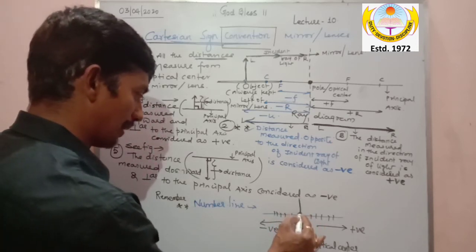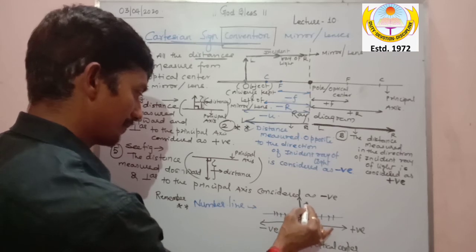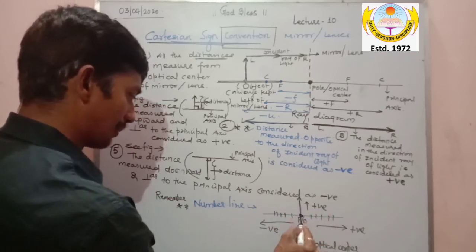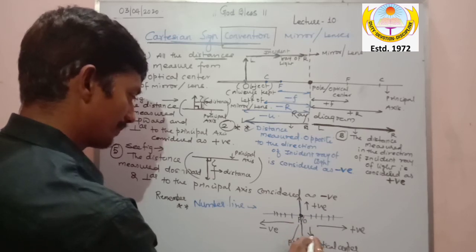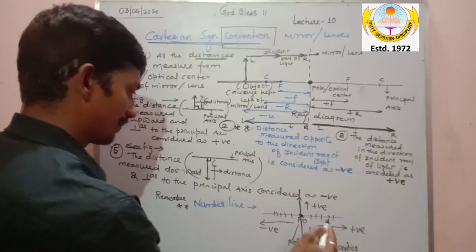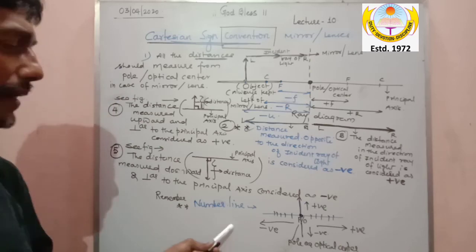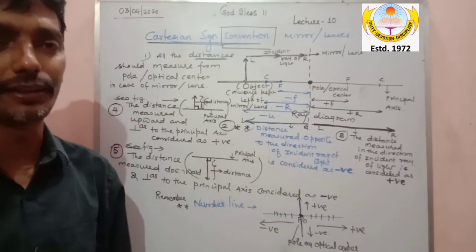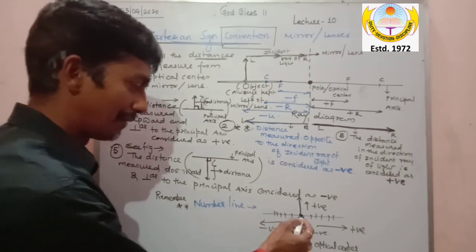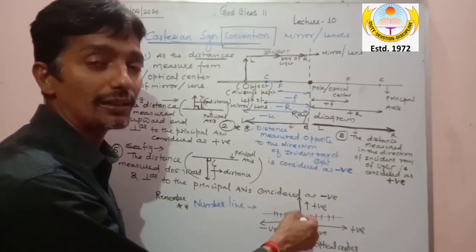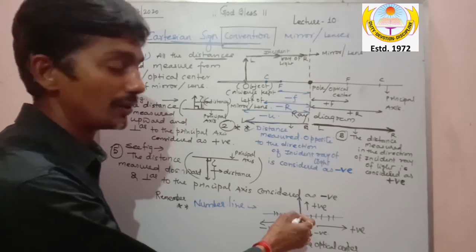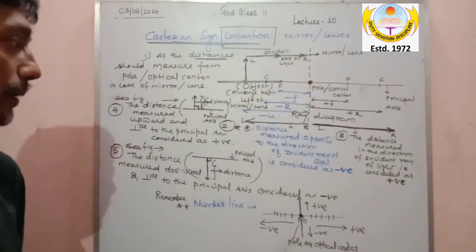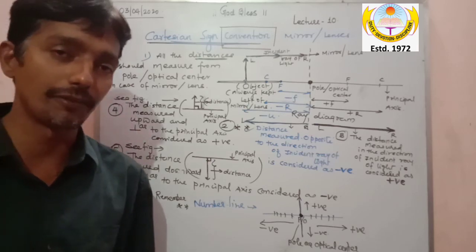The distance which you measure up is positive, and the distance which you measure down is negative. So remember the number line, that will match your Cartesian sign convention. Exactly like that, we measure all distances from 0 on the number line, and in the case of a mirror it is the pole or optical center. That's all. Please write it down so that I can proceed to the next.